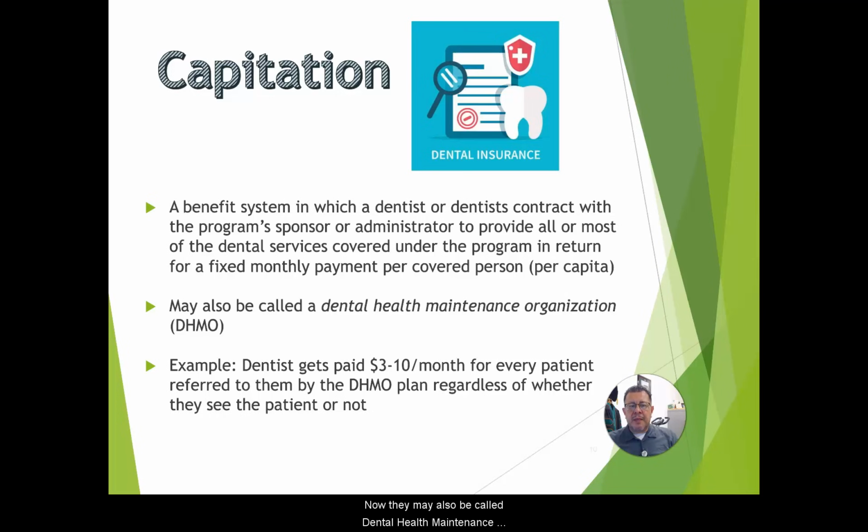Now, they may also be called Dental Health Maintenance Organization, DHMO, okay, HMO or DHMO, meaning the dental version, okay. Side note, this was passed in the 70s under Richard Nixon, and the first HMO ever in the United States was Kaiser. Just a little side note.